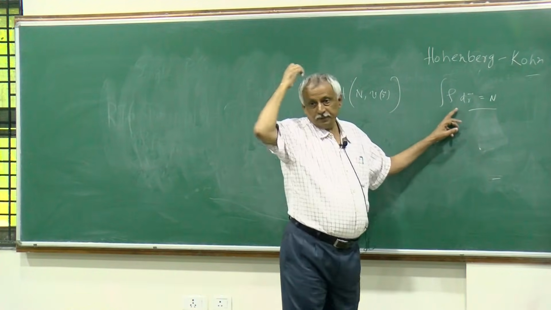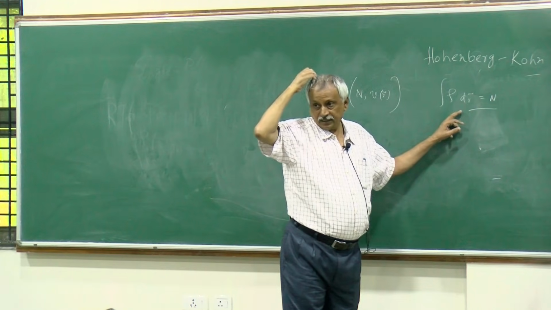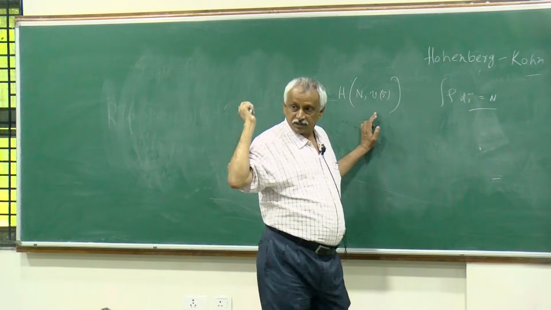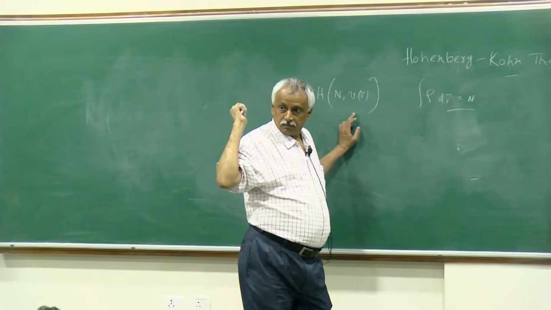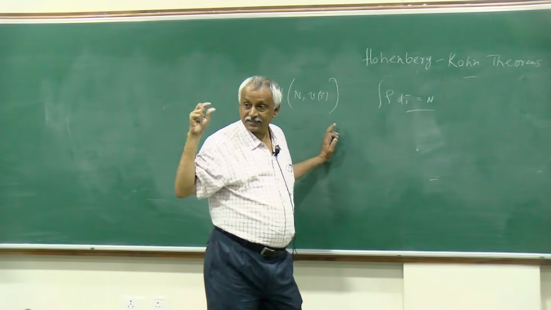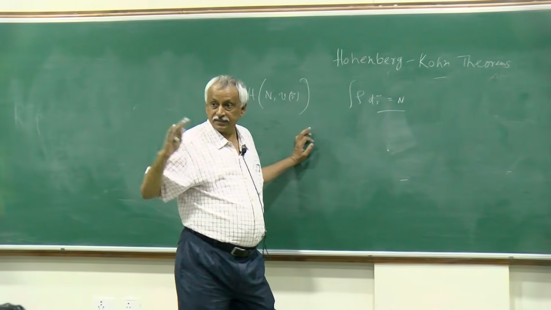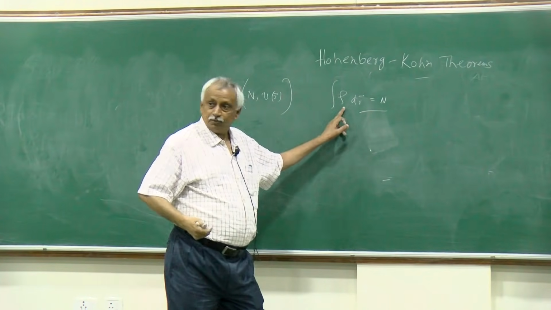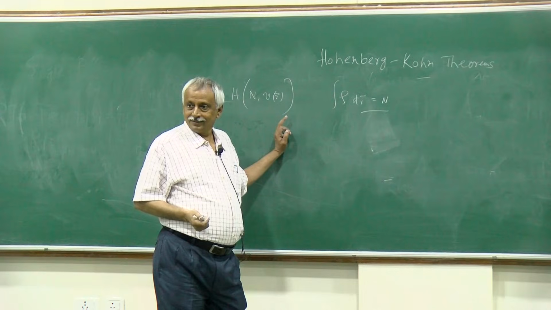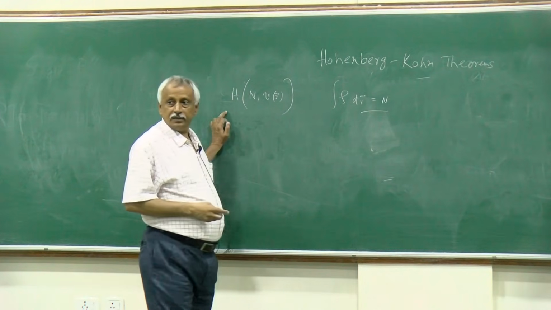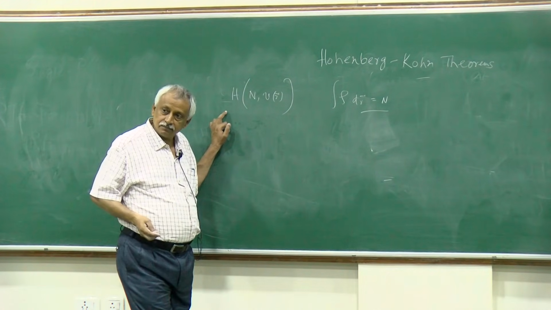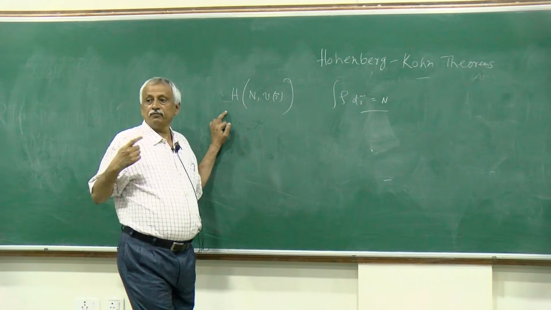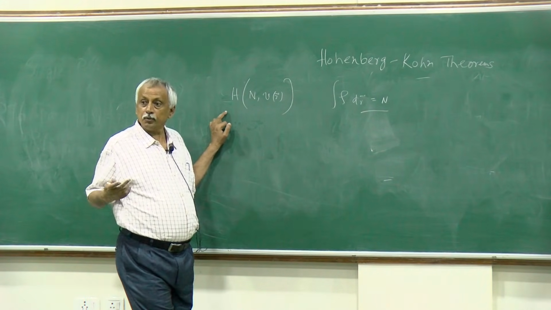If I can get somehow the information about the external potential from the density. Remember, external potential has nothing to do with density. It is coming from the nuclear positions. So if I get that information from the density, then knowing the Hamiltonian, in principle, I know the wave function. Knowing the wave function, in principle, I know all properties.